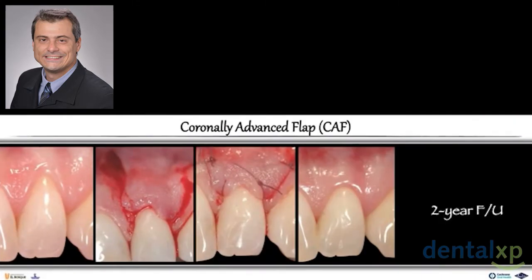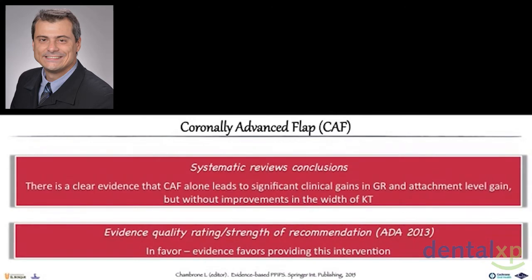With respect to the coronally advanced flap, this is indicated for the treatment of class 1 defects presenting a band of attached keratinized tissue, also at least 2 millimeters, and a thick periodontal biotype, for both single or multiple recessions.